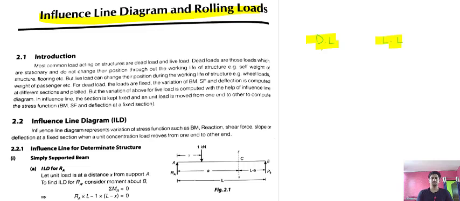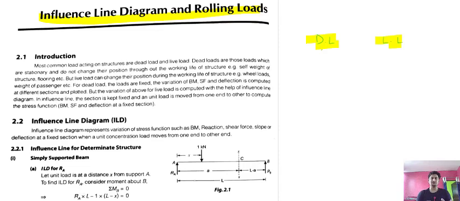What is an example of dead load? Dead load examples are the self weight of the structure and flooring, etc. That is the structure part that does not change its position, including all the framework.